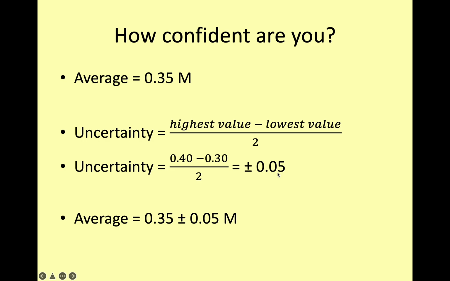So we take the average, 0.35, plus and minus 0.05. That's going to be 0.4 and also 0.3. So our valid range is somewhere in this area.